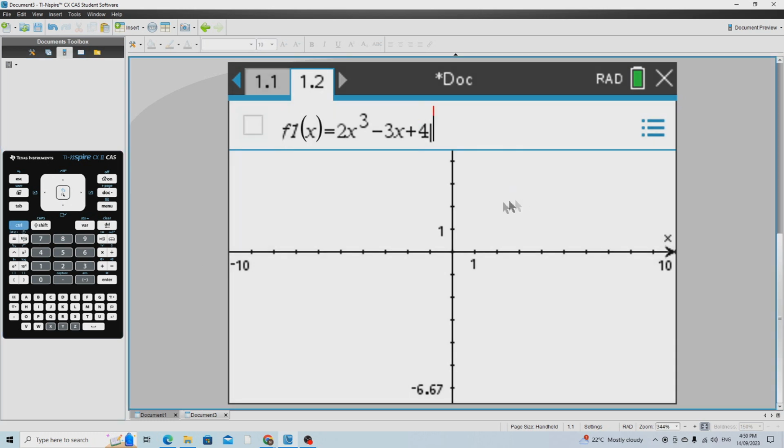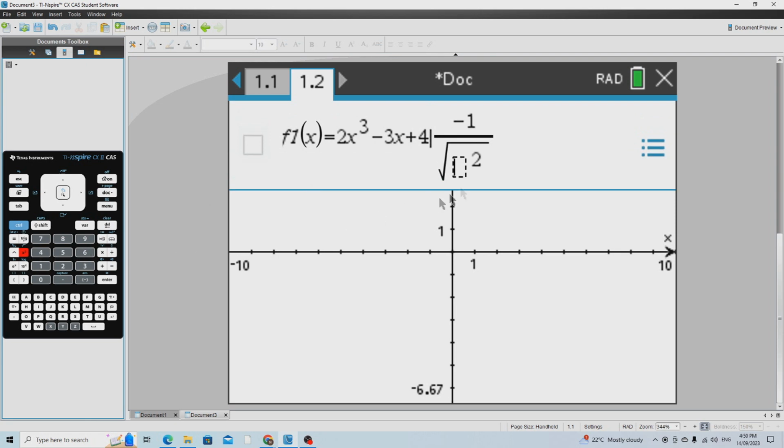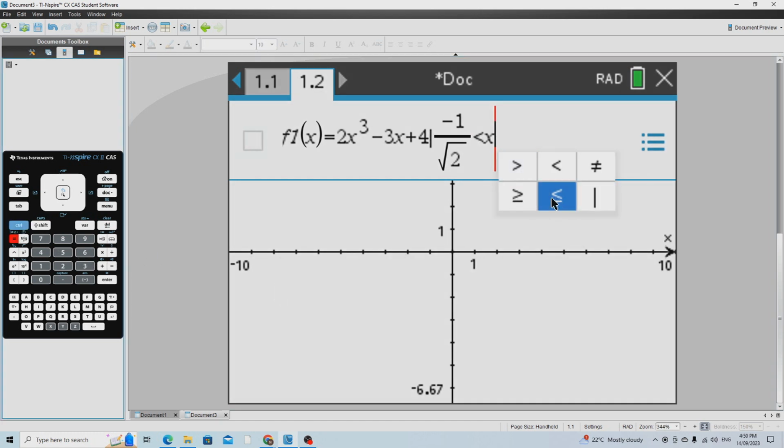Given negative 1 is less than or equal to x, which is less than or equal to root 2. Enter.